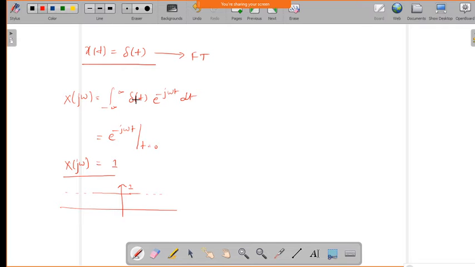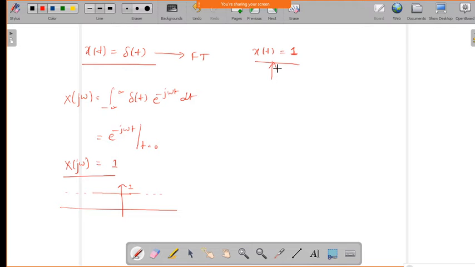Similarly, if you have x of t equal to 1, now try to find out the value in this case. To find the Fourier transform we should satisfy the Dirichlet condition, but this signal will not satisfy it.